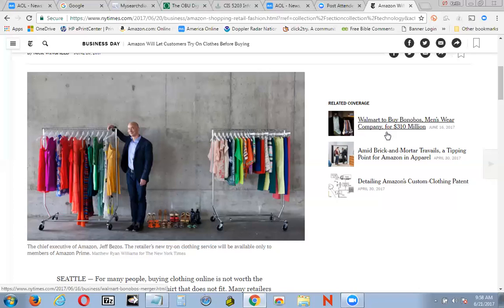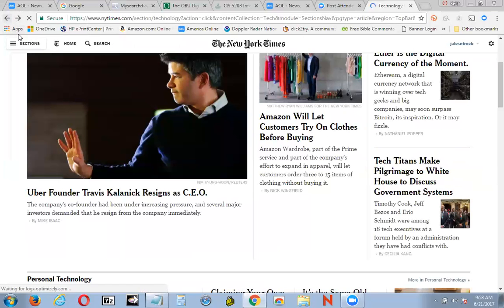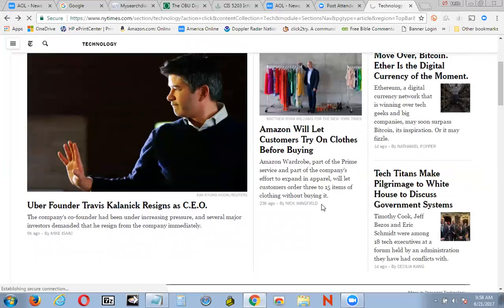We have two or three oligarchies that emerge. So I thought it was some interesting data. And then there's something about their custom clothing patent. You might want to take a look at that. Again, this is from the New York Times, the technology section.